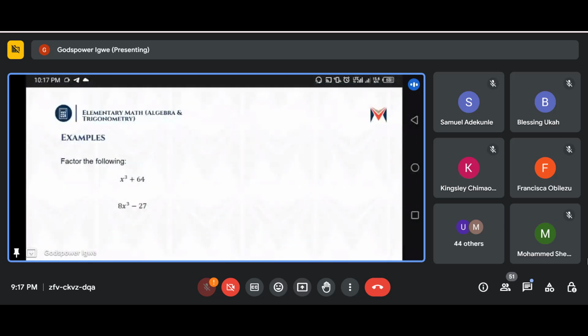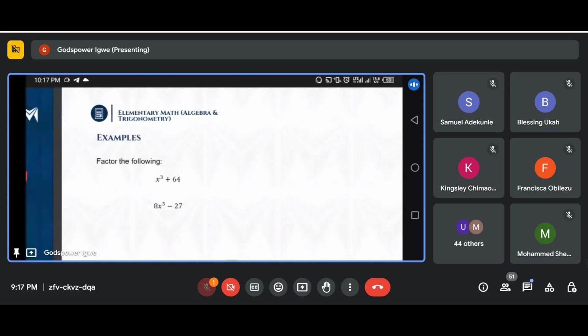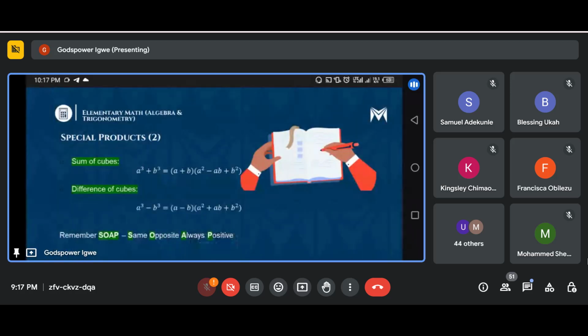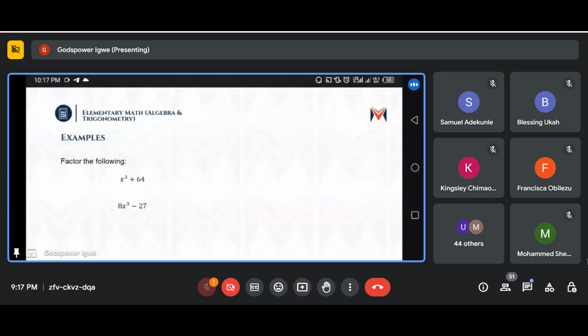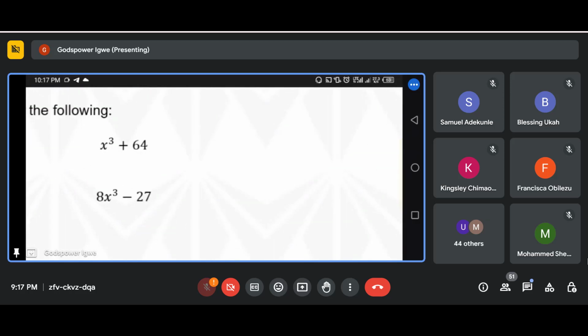Factor the following. We have x cube plus 64. x cube plus 64 is taking the root, because 64 is the cube of 4. So if this is a cube plus b cube, let's solve this, please.